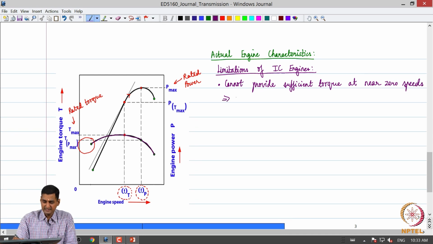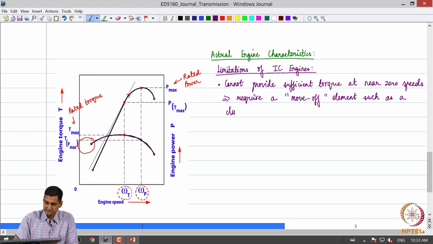This implies that we require what is called a move off element, like a clutch, to move the vehicle from rest, to overcome the limitation of the IC engine at very low speeds.